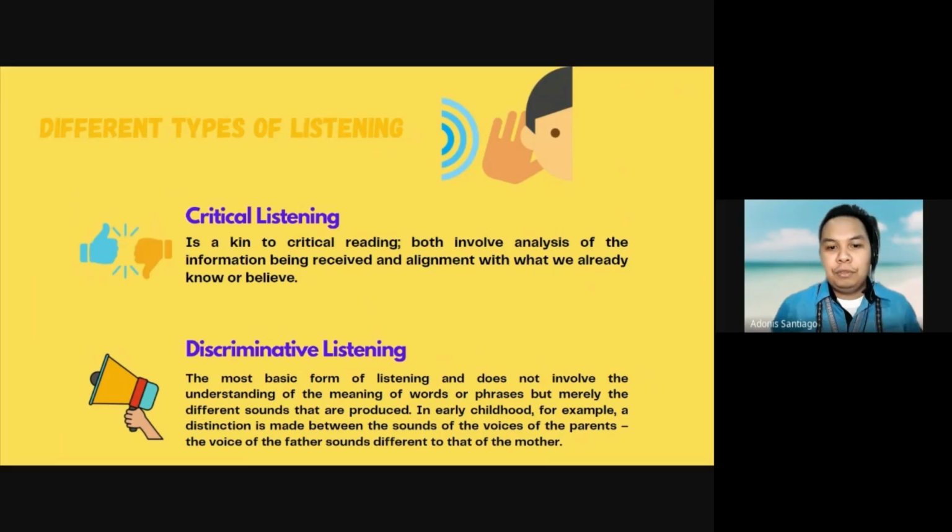If you hear quack quack, then that is the sound of a duck. So that is discriminative listening. You discriminate the different sounds. If you hear the voice of your mom, then that is your mom. If you hear the voice of your dad, then that is your dad. That is the discriminative listening that I am trying to tell you.